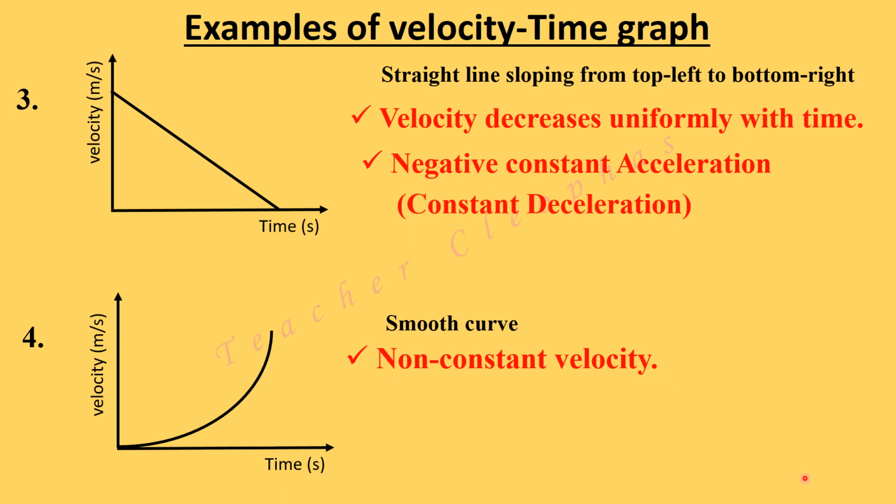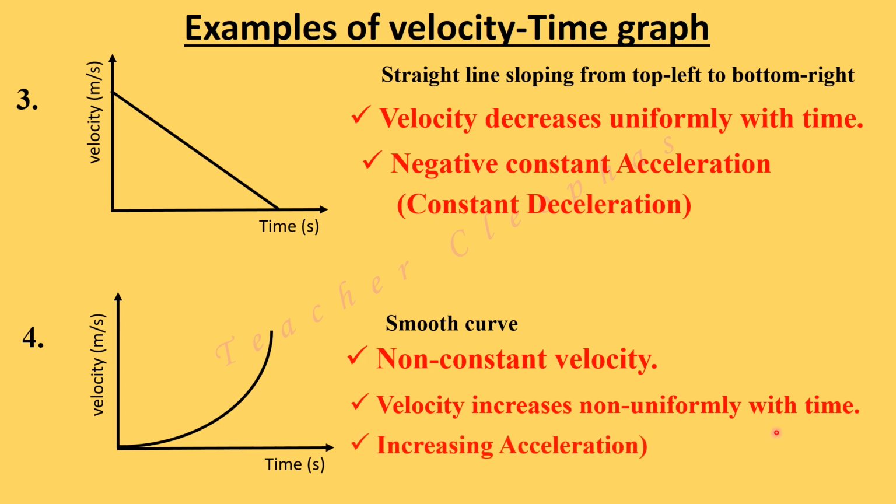The velocity is changing, but because this is a curve, this velocity is not changing uniformly but non-uniformly. So we can say that the velocity increases non-uniformly with time, and therefore this is increasing acceleration. The acceleration is also not constant but increasing with time.